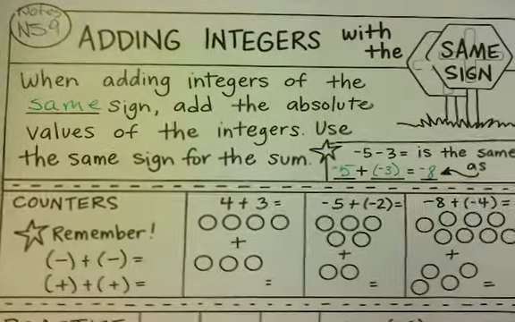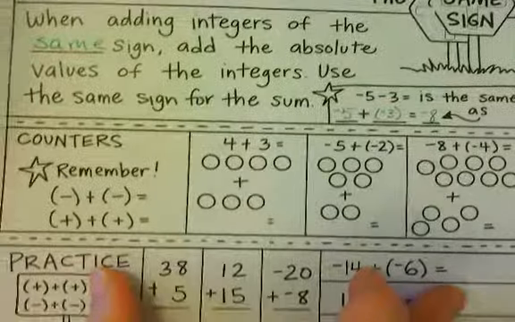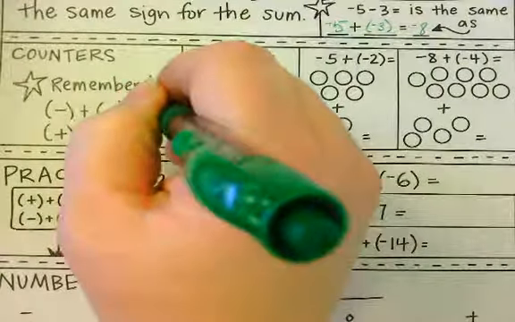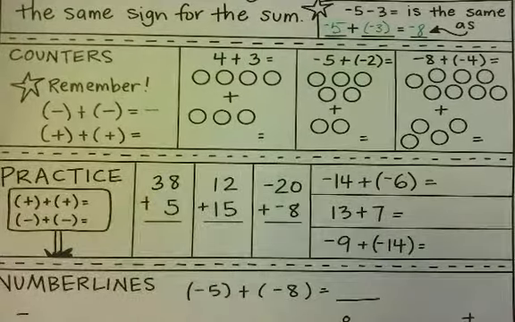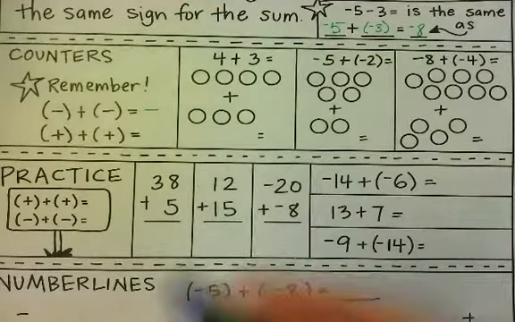Next, we're looking at this section here, counters. So remember, a negative plus a negative gives us a negative, and a positive plus a positive gives us another positive.